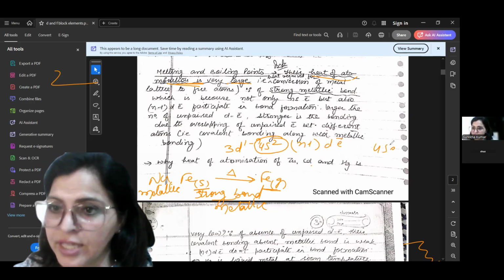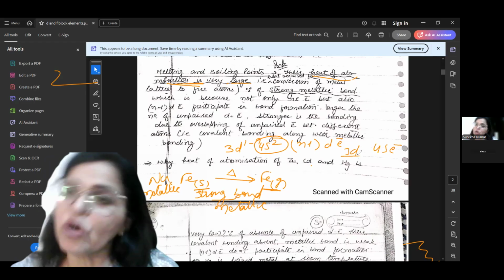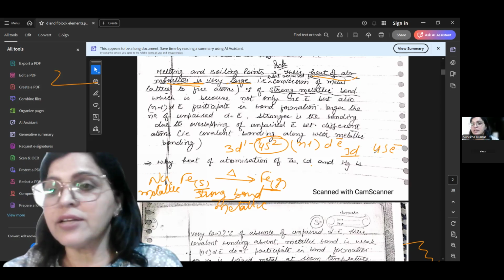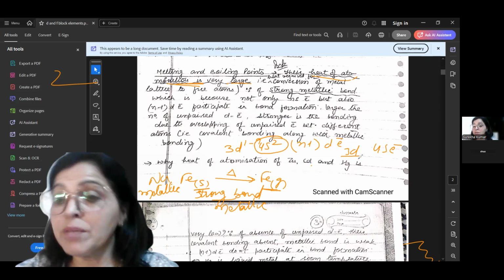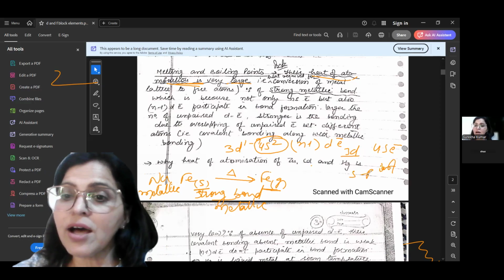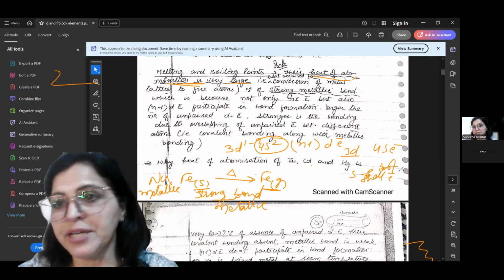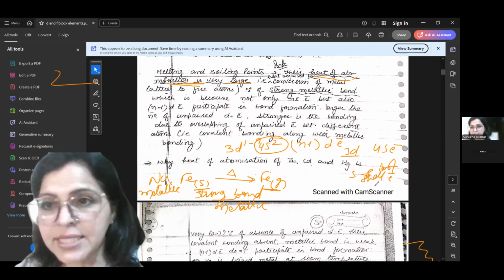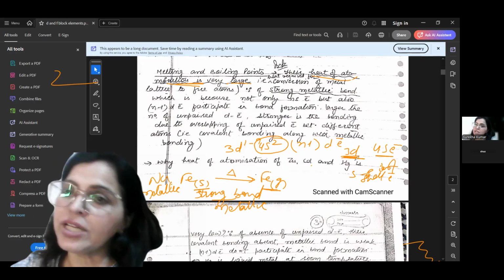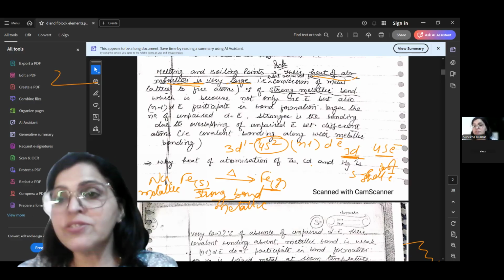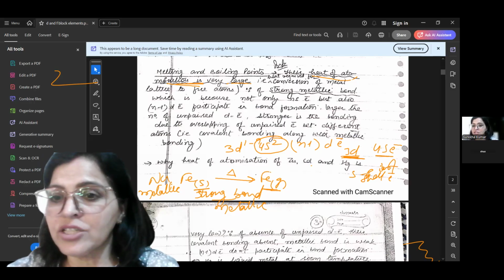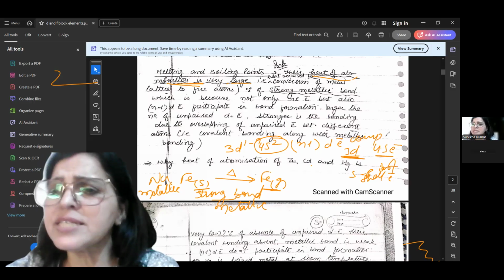Along with 4s electron, 3d electron will also participate in bond formation. Why? Because their energy is comparable. But in case of s block and p block elements, only the last shell electron participate in bond formation. But in this case, along with the last shell, the penultimate shell is also participating. If someone asks you why, then you will say because their energy is comparable, means similar.